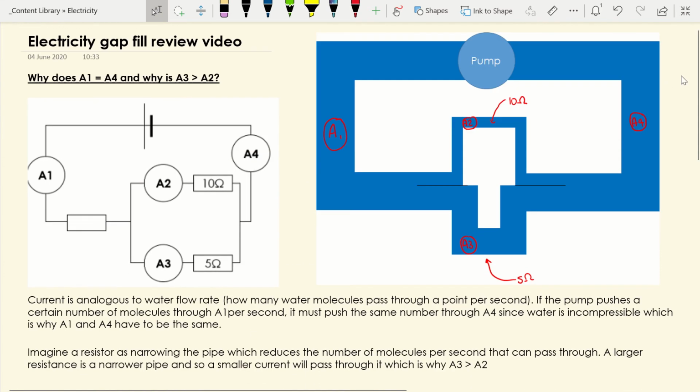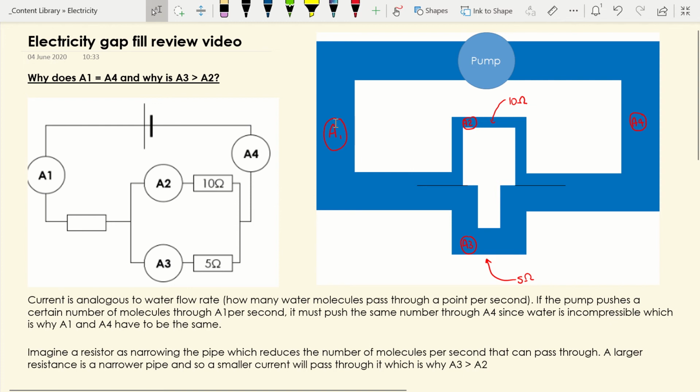So I'm going to do it by way of analogy. What I've got over here is essentially an analogous water circuit to visualize what this looks like. So this blue is all the water in the circuit. The battery we've just replaced with a pump. That's what makes a current flow, or in this case, water molecules move around the circuit.